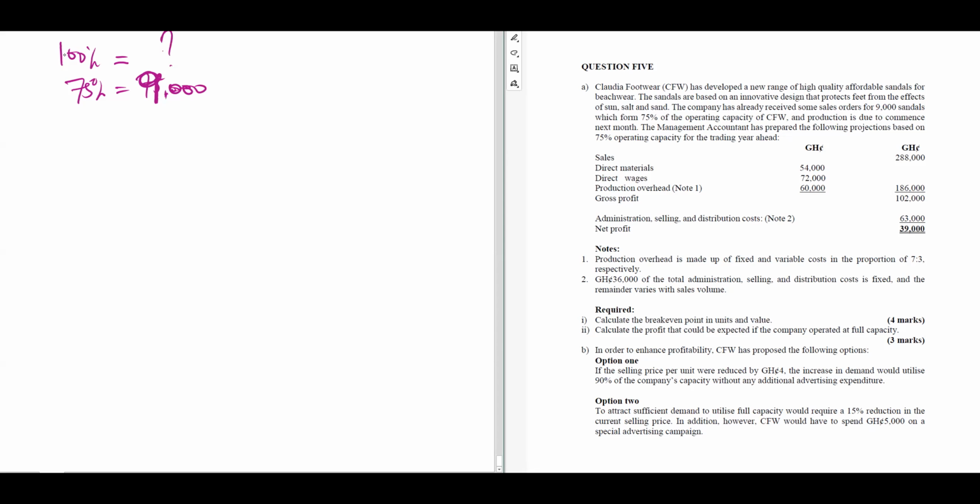So 100% will be what? I told you, for 100%, we always take this divided by 0.75, right? So what is the original 100% capacity?